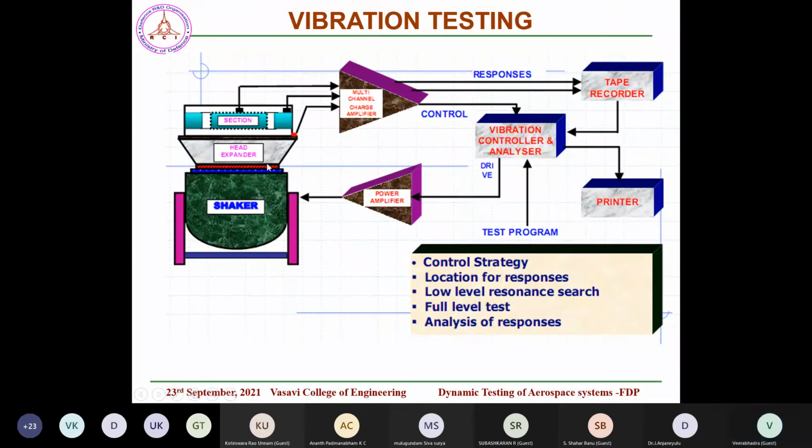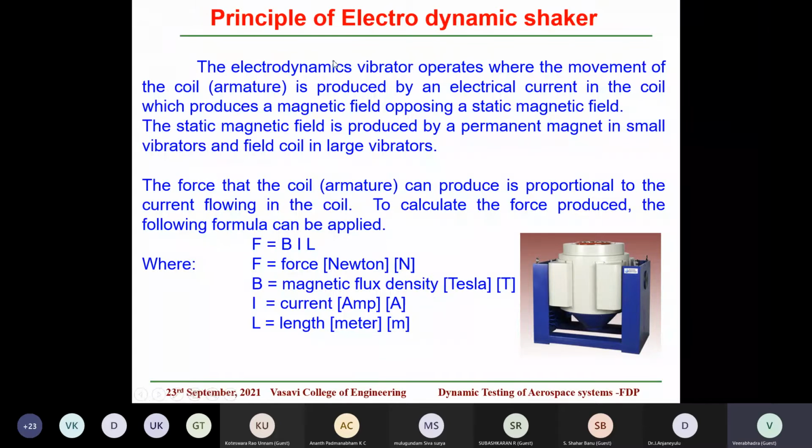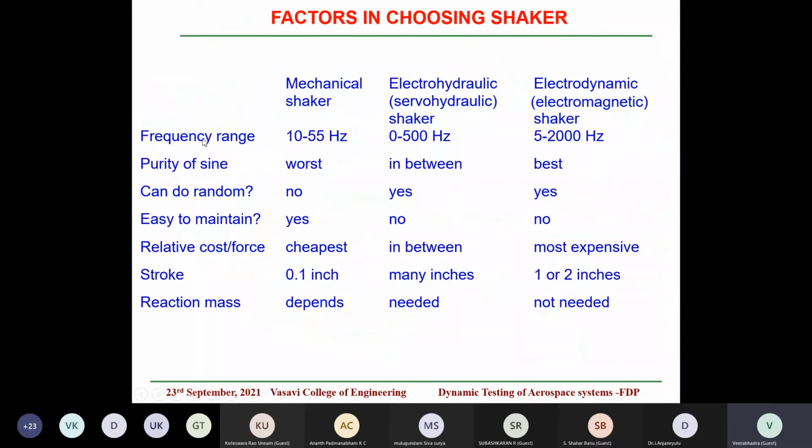So what is the principle of the electrodynamic shaker? What we generally use are electrodynamic shakers. The history started with mechanical shakers, followed by electrohydraulic, and then electrodynamic. Let's first see the difference between them. In the initial days, in the 1940s, we had only single frequency, and because of the motor RPM, we were able to generate only a band of 10 to 55 hertz.